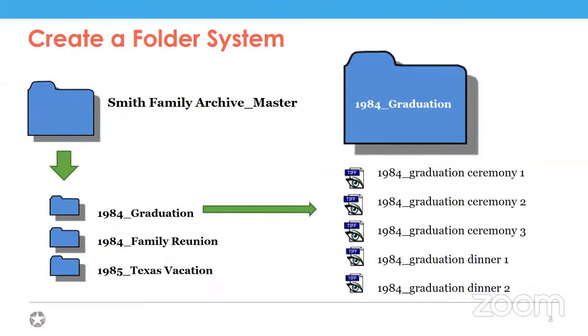So for example, if you had 15 items and you numbered them 1, 2, 3, all the way through 15, sometimes if you're sorting alphabetically, it would say graduation ceremony 1, graduation ceremony 10, 11, 12, 13, 14, 15, and then go back to 2, because technically that's in alphabetical order somehow. I don't know. Computers are dumb sometimes. We have to specify and tell it what to do. So by just adding a couple zeros in front of your number, that keeps it all in order.